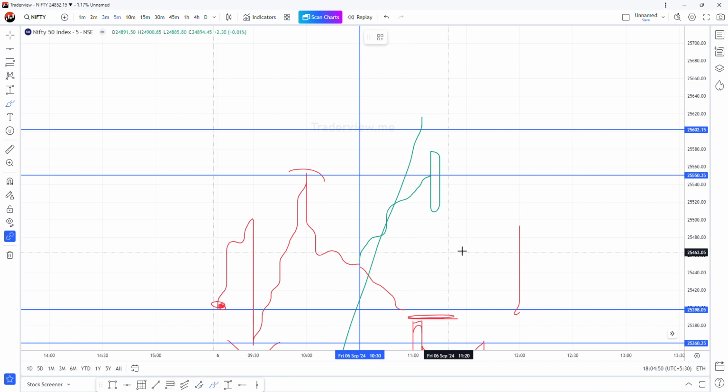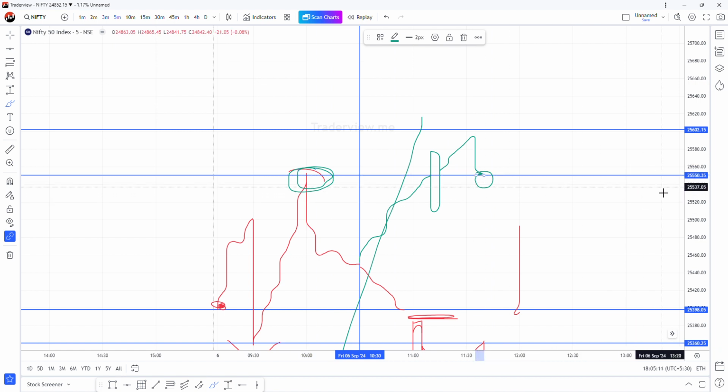Let the Nifty move a little bit further, and again if it is coming back to this area, because there is a high swing it has made here earlier, we will find out whether the Nifty is trying to take support at this level, that is 25,550.